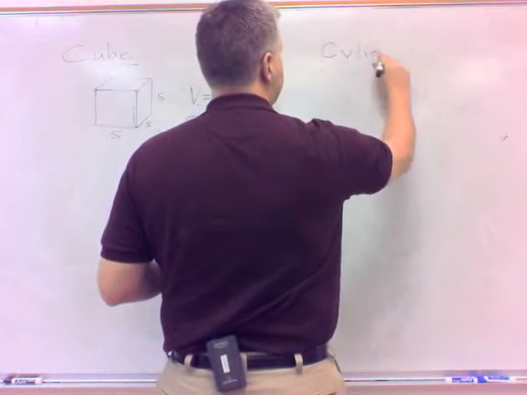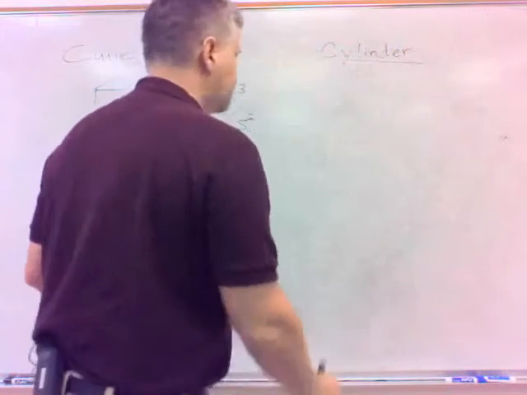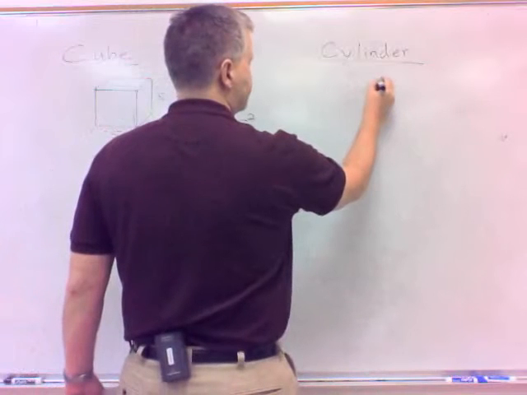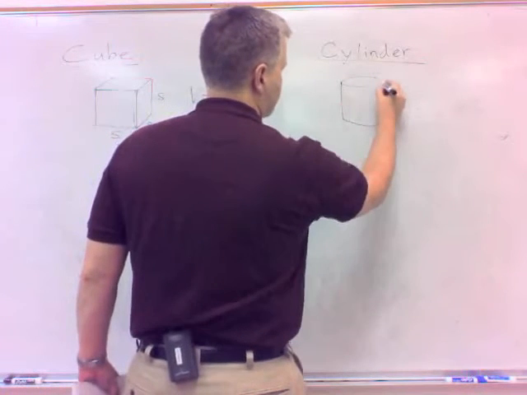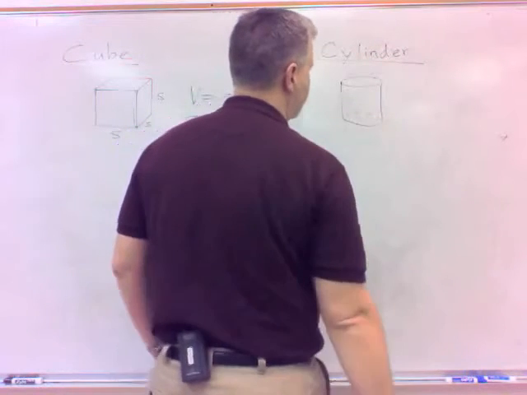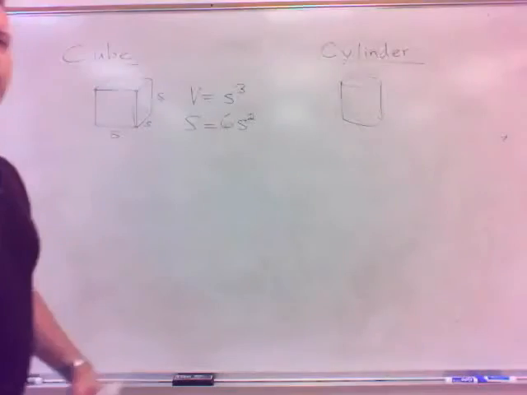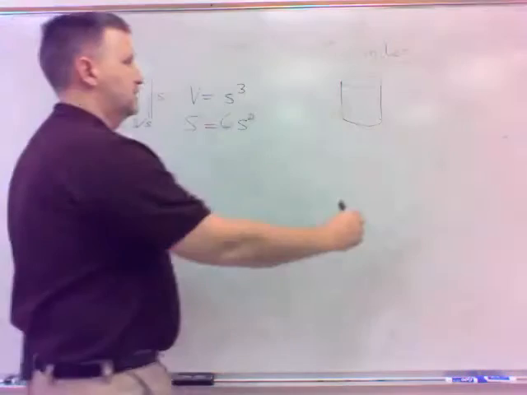Circular cylinder. All right. So a cylinder, got a circle in the body, and then you got the circular base. Okay, can shape is what we're talking about.